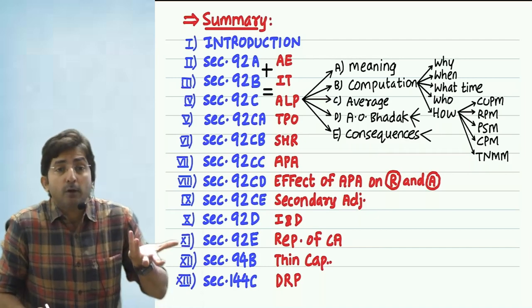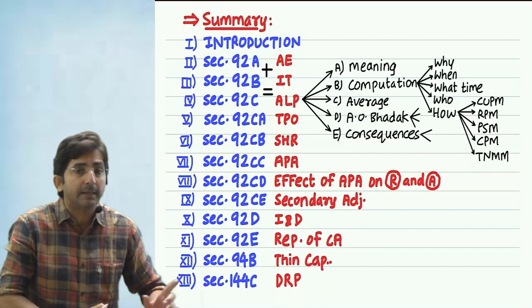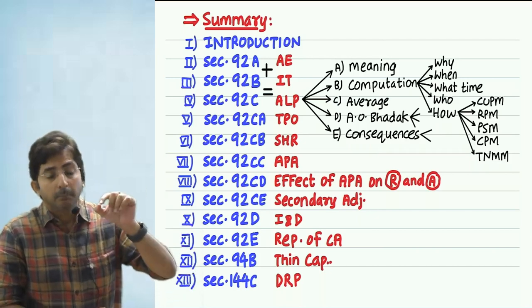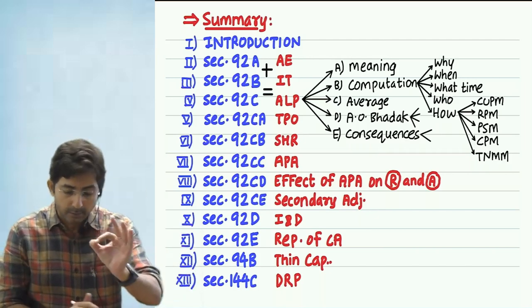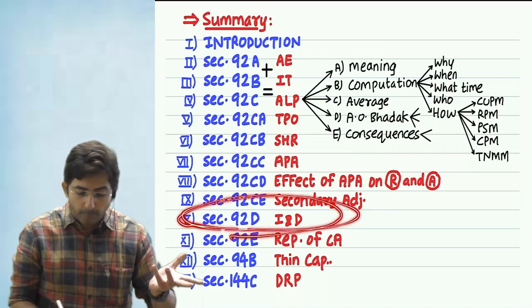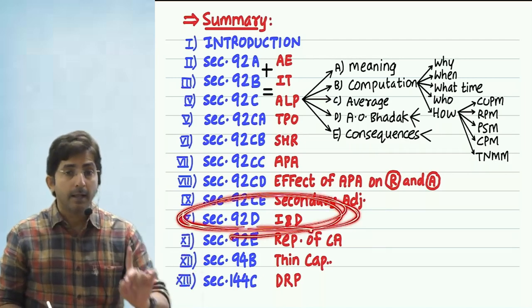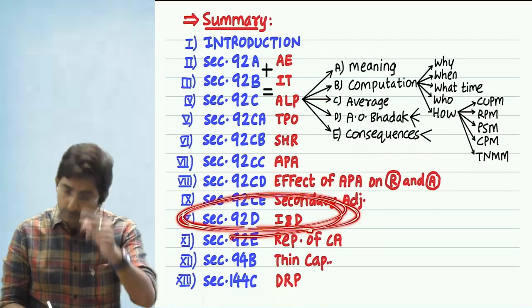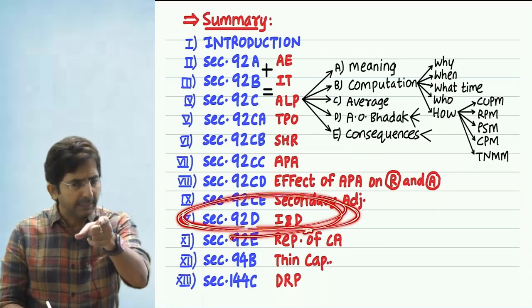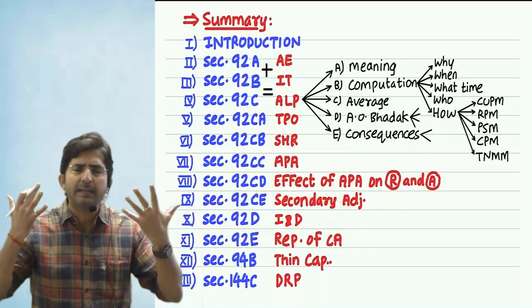What kind of data is this? I will explain at the time of 92D. But right now, what you have to understand? Whatever these information and documents may be, an assessee has to maintain them. In case he doesn't maintain, the AO will get angry.